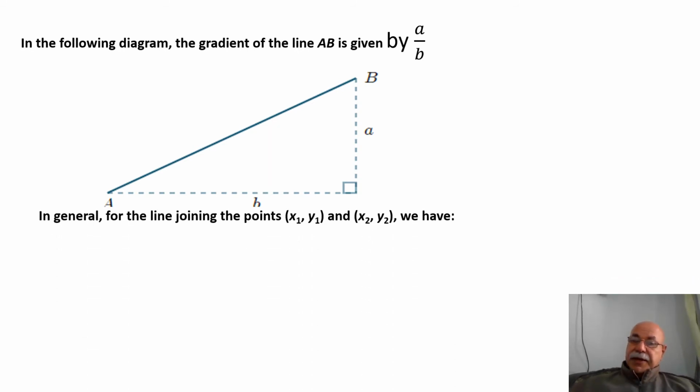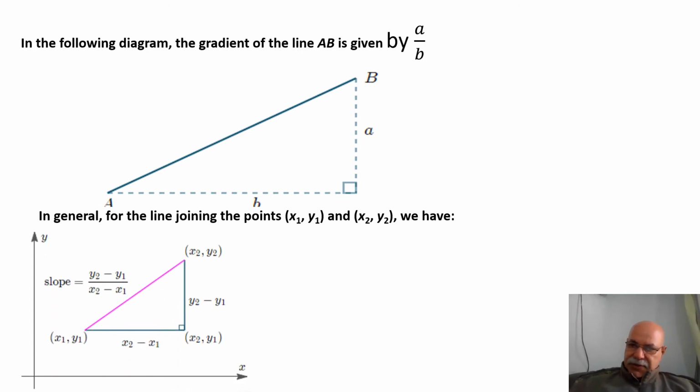The gradient of the line joining the points (x1, y1) and (x2, y2) is found by dividing y2 minus y1 over x2 minus x1.